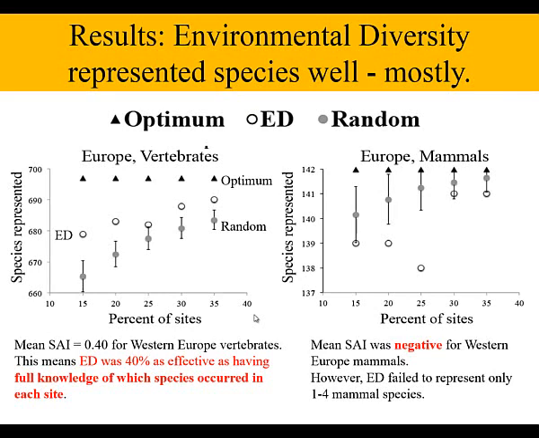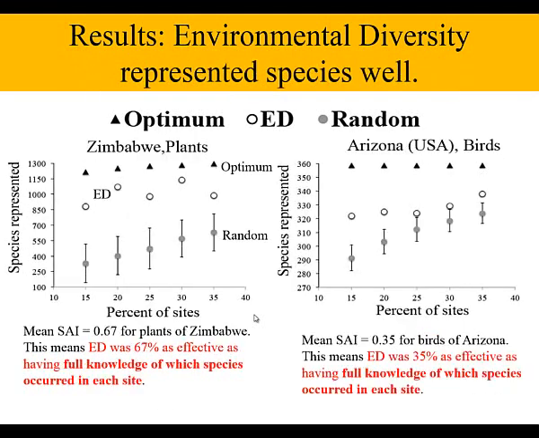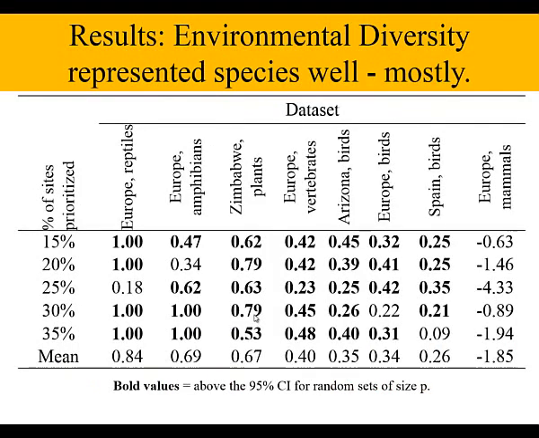So there's probably a reason why it didn't work here. But for all the other data sets, it worked quite well. Here's the example. Zimbabwe plants was the best case. You'll notice ED is getting up close towards optimum. On average, 67% as effective as having perfect knowledge of where the species are. Birds of Arizona, about 35% as effective as full knowledge. So that's pretty cool.